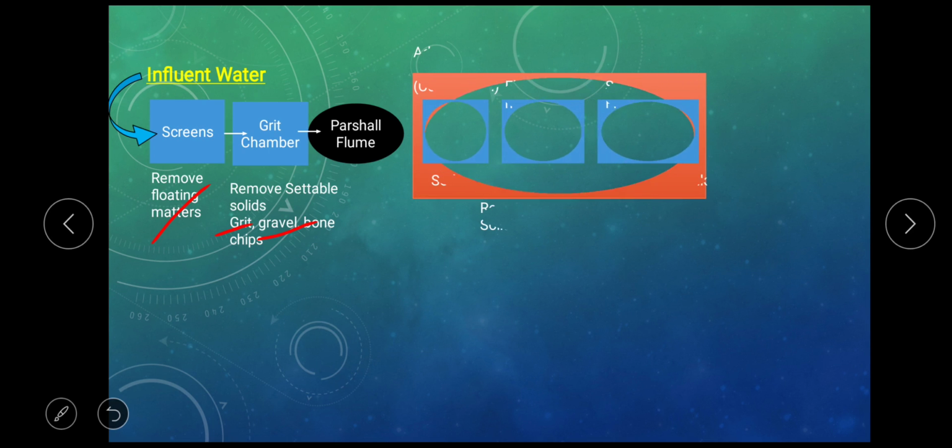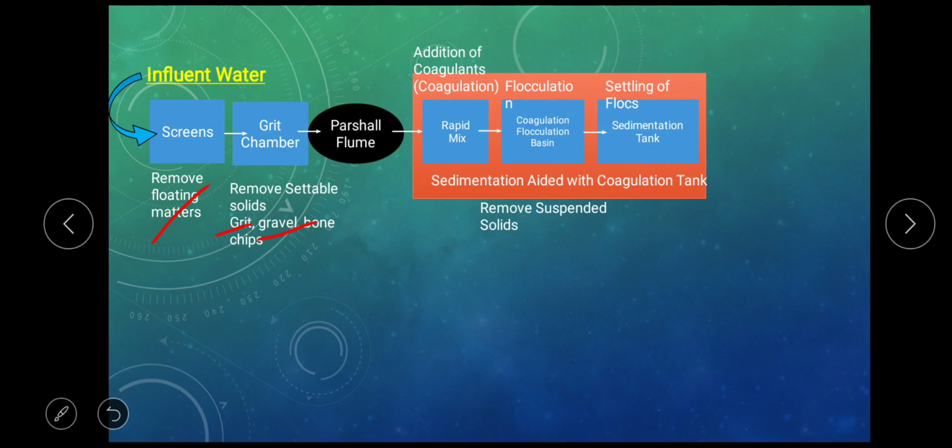From this, water passes into the rapid mixer where we add coagulant. The process of addition of coagulant with rapid mixing is called coagulation, and then water is transferred into the coagulation flocculation basin. Here coagulant interacts with the suspended impurities present in the water and forms flocs.